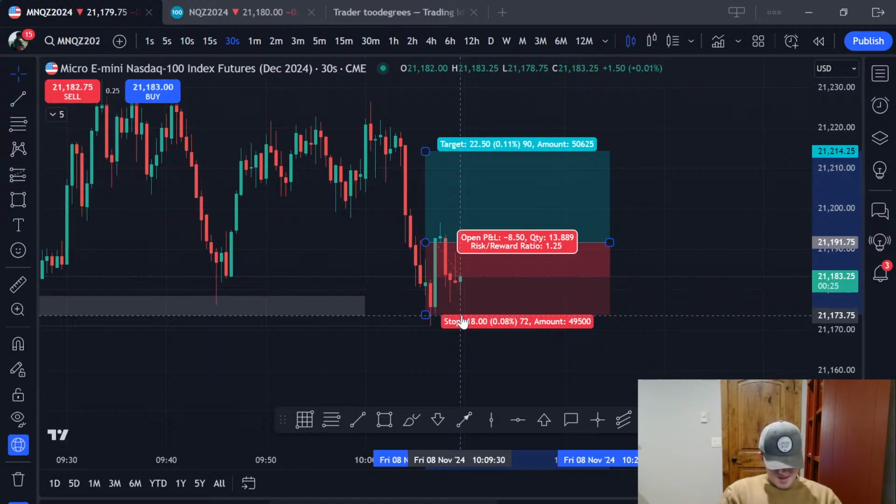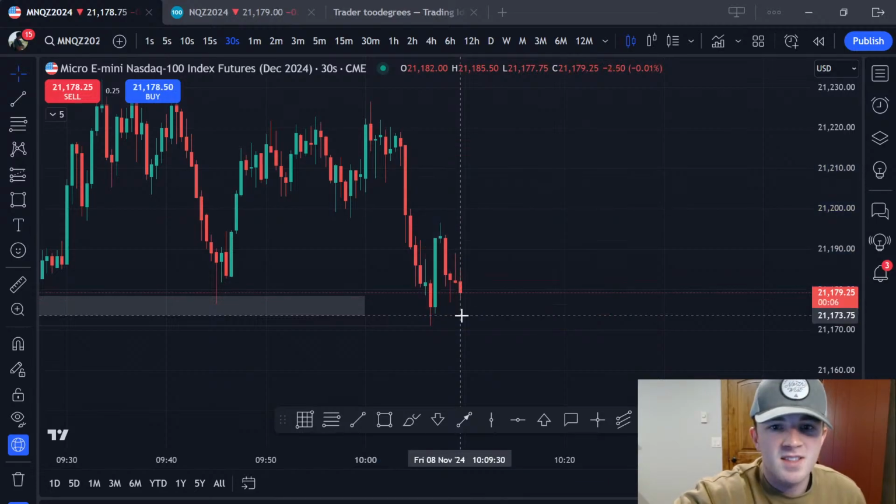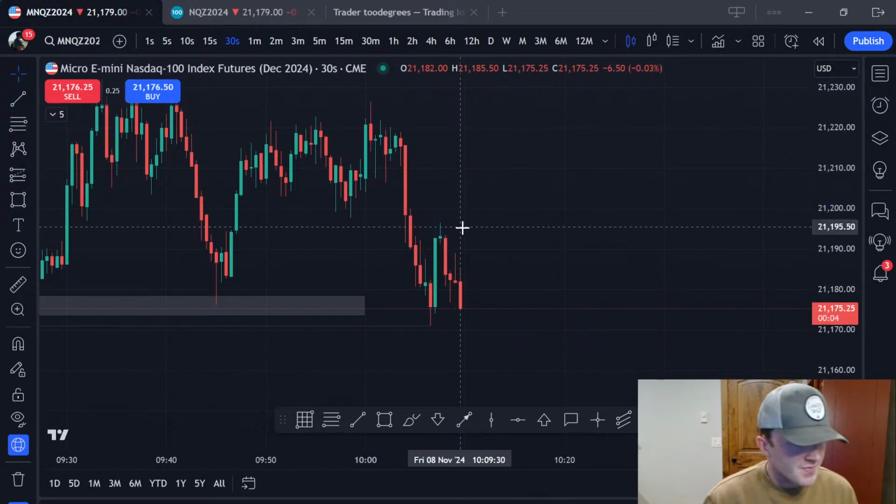How to calculate lot size in TradingView. Alright, that's super helpful.